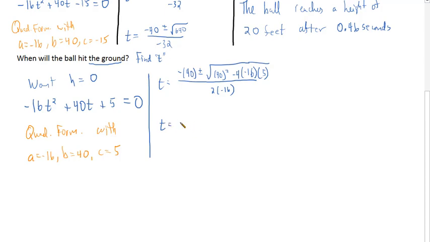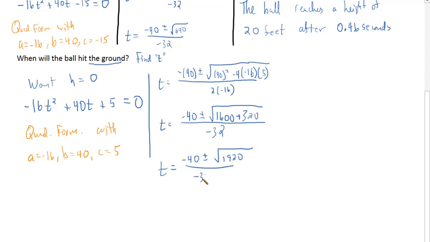So then t is equal to negative 40 plus or minus the square root of 1600, and then minus 4 times 16 times 5, well, we have another negative in there, so that's going to end up being a plus 4 by 16 by 5, which is 320, over negative 32. T is equal to negative 40 plus or minus the square root of 1920 over negative 32.